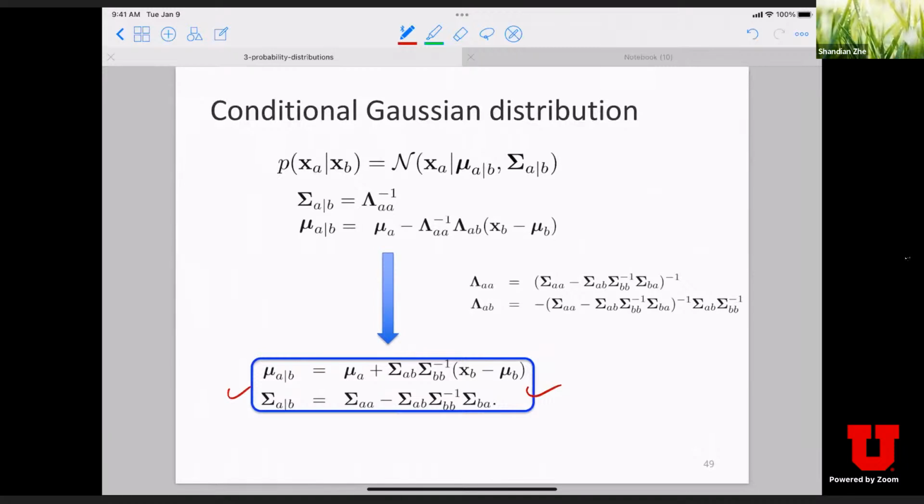What you need to do is compute the conditional distribution. That means, given the observed data, how do you predict the distribution of the things you are interested in? That's why we want to use this conditional distribution. It's very important for Bayesian non-parametric function estimation.